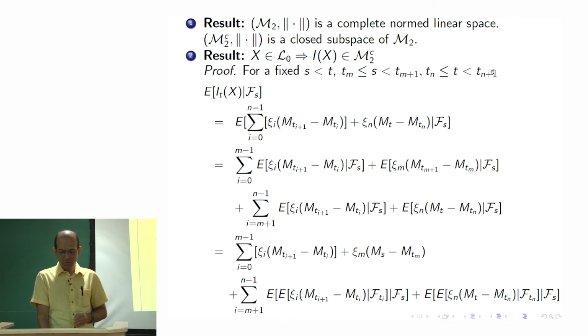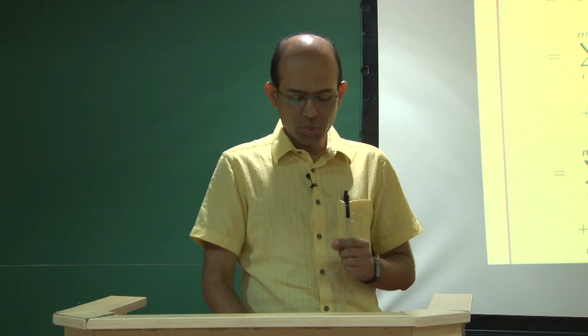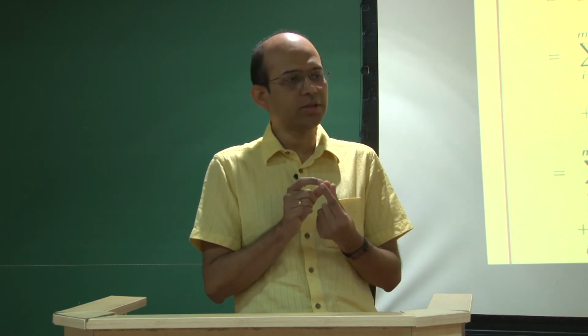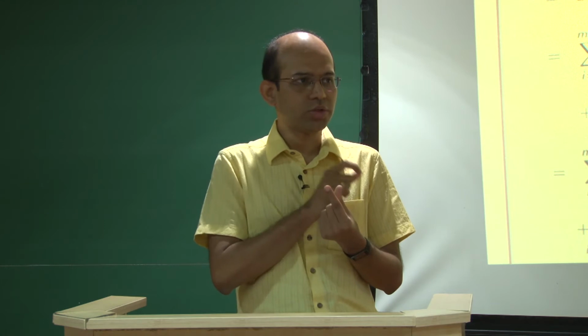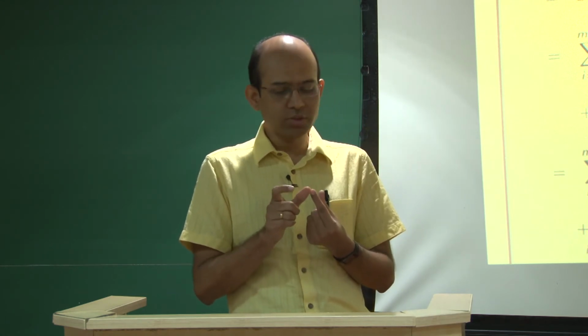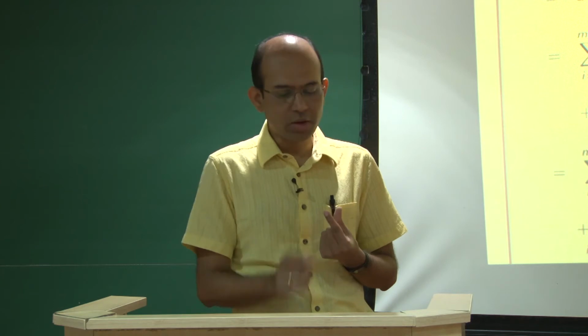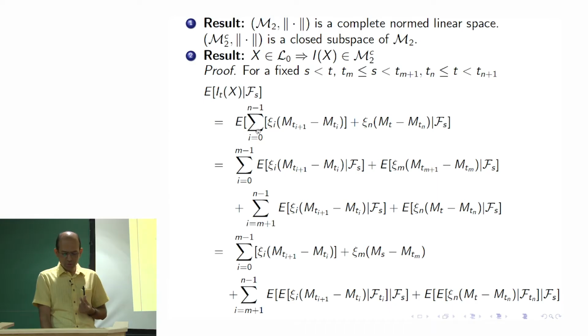Because t is between tn and tn plus 1. Here we integrate till the interval tn minus 1 to tn, and then for tn to tn plus 1 we do not integrate over the full interval, but only from tn to t. So for i from 0 to n minus 1 we get xi times m of ti plus 1 minus m of ti, plus xi n times m of t minus m of tn. This is the value of ITx, and the conditioning is with respect to the sigma algebra Fs.